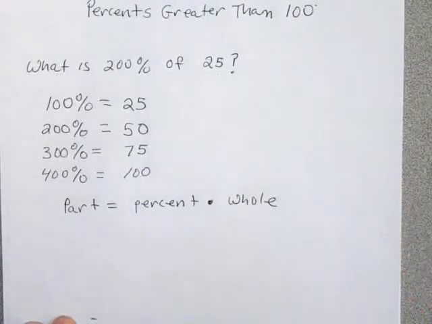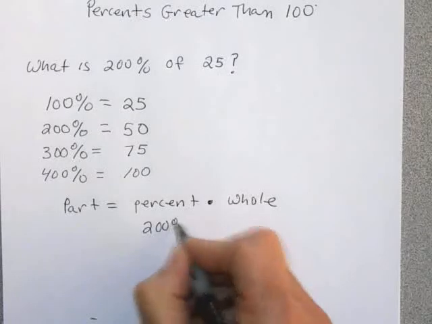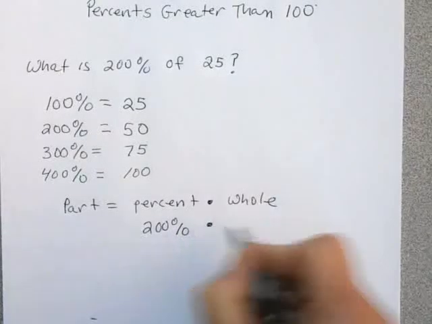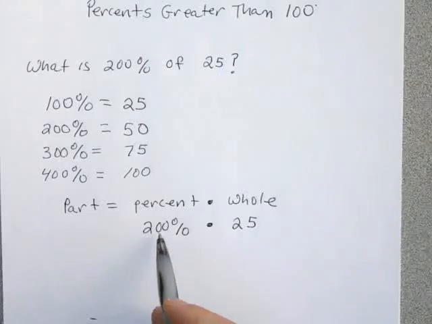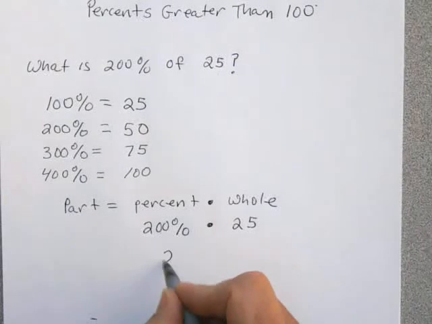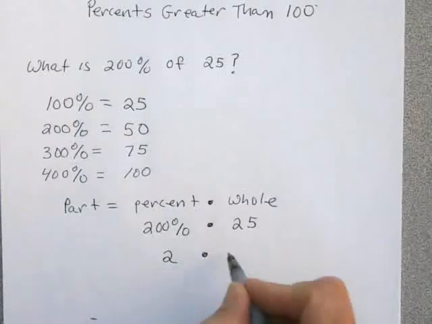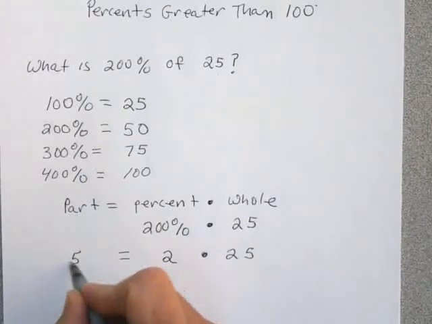In this case, we would be trying to find, let's take 200% multiplied by 25. And remember, in order to do this, we have to convert the percent to a decimal. 200% is the same as 2 wholes multiplied by 25, and that, of course, would equal 50.